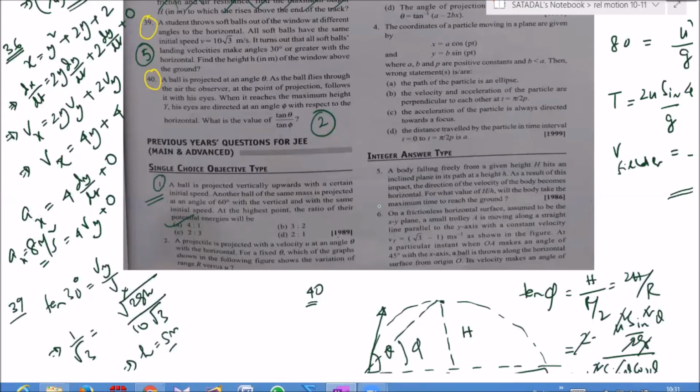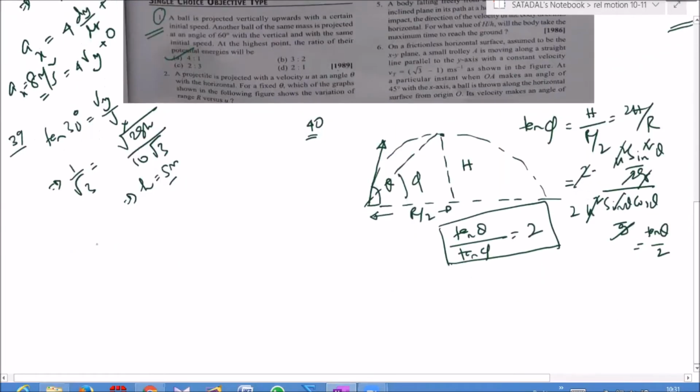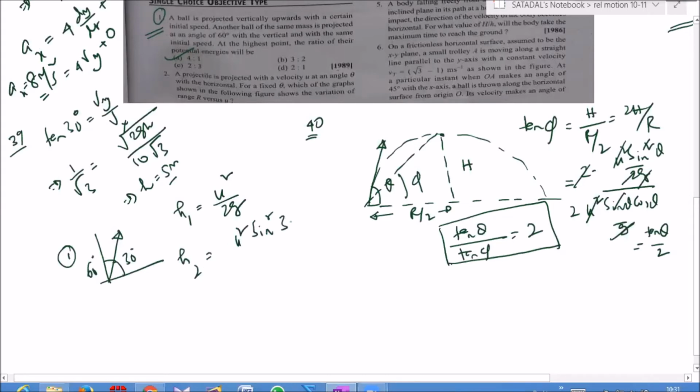Okay. So I hope everybody has done question number 1. The only thing you have to be careful of, here the particle is projected with vertical. So that means it is projected like this. This angle they are saying 60 degrees, so this angle will become 30 degree. H1, projected vertically up, means U square by 2G. H2 will become how much? U square sine square 30 degree divided by 2G.